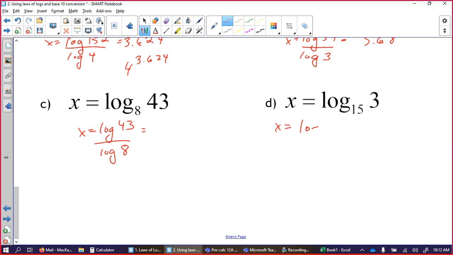X equals log of 15 divided by, no, don't make the mistake I just did. This is going to be a number less than 1.